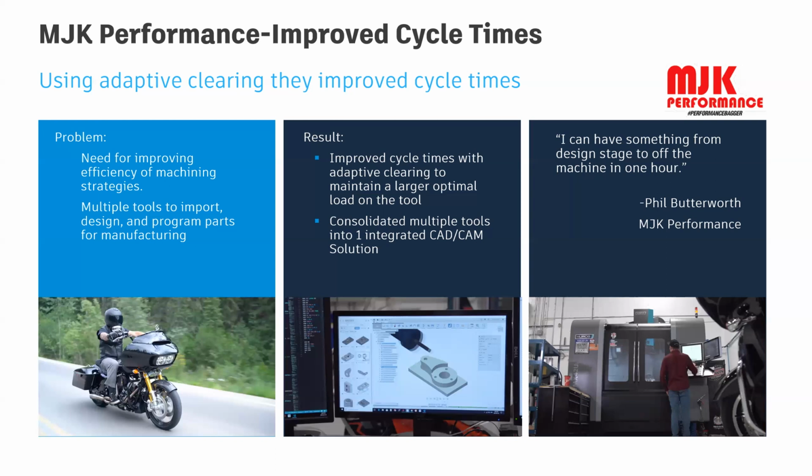But with the help of Fusion 360, they improved the cycle time, using adaptive clearance to maintain continuous tool engagement. They also consolidated multiple tools into one CAD CAM solution. Fusion 360 is what they are using for end-to-end solutions. With the design strategy on the machine, they can come down to 1 hour, because before, machining took a lot of time.